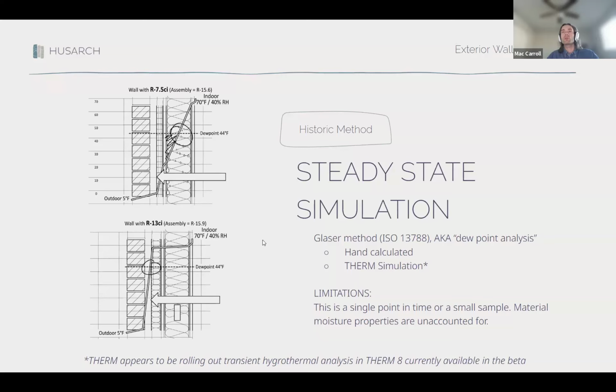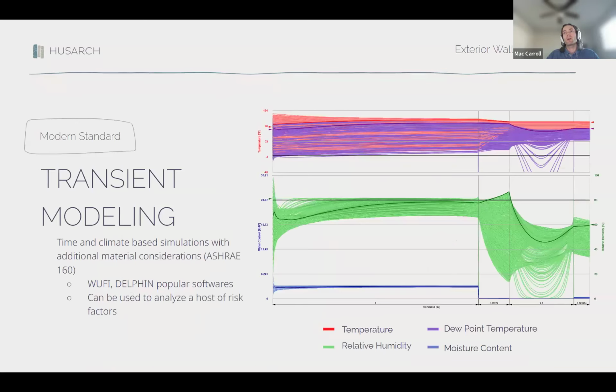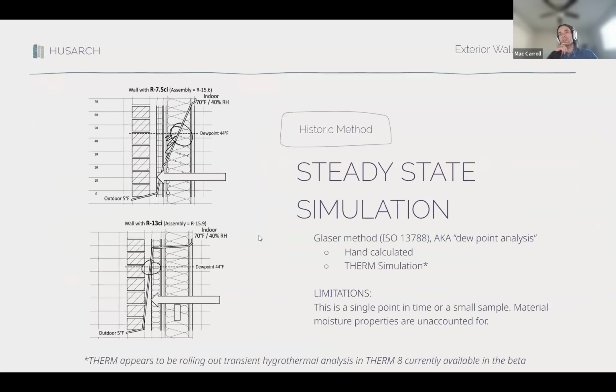But usually you'll do one or two, maybe a handful, of analyses at different indoor and outdoor temperatures. This is okay, but it doesn't really capture the full gamut of what a wall or a building might encounter in the field.